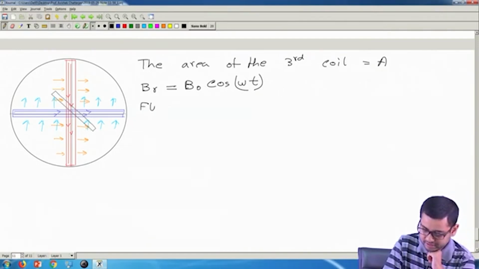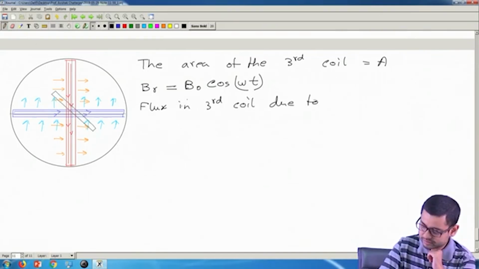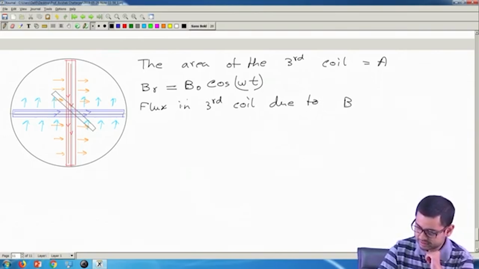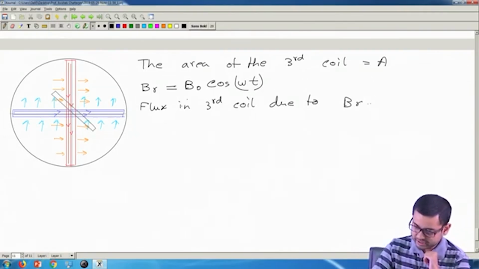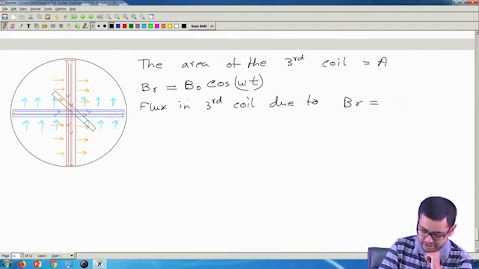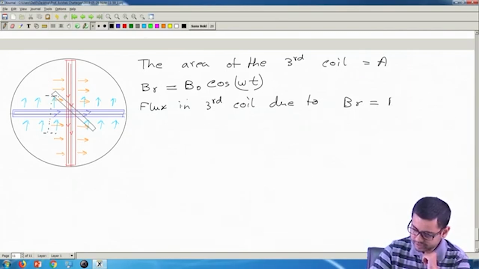So the flux in the third coil due to Br, that means the red current, if this angle is theta, will be B0 times cos omega t times A cos theta.